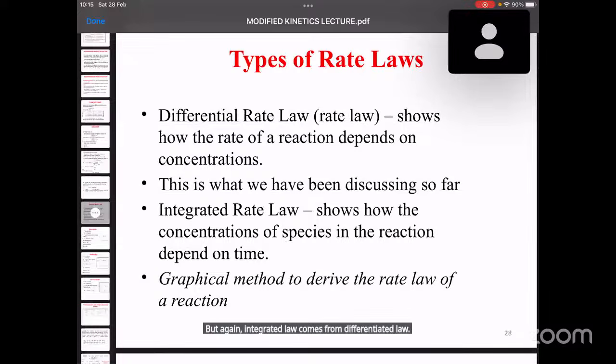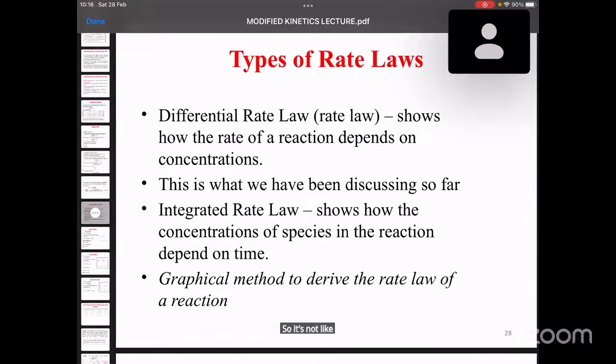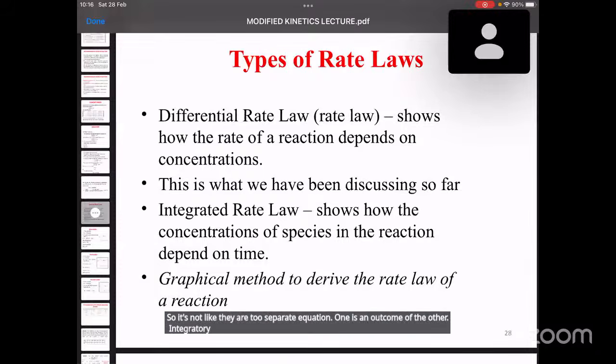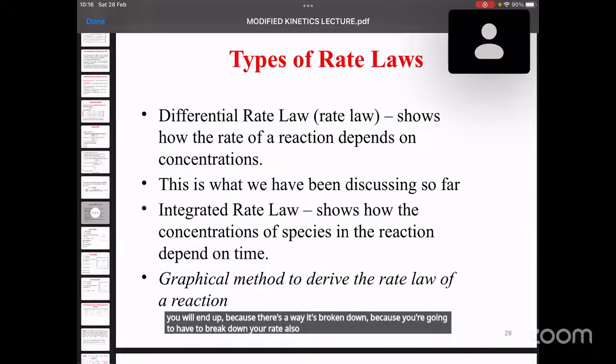It is a result of the integration of the differential rate law. So it's not like they are two separate equations. One is an outcome of the other. When you integrate the differential rate law, you get the integrated rate law. In the course of that, rate disappears, because you have to break down your rate also. So you end up with concentration-time data.